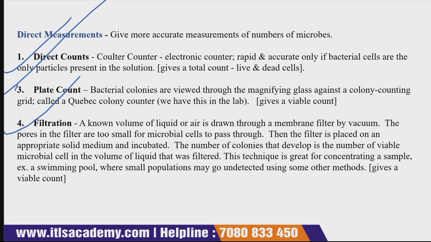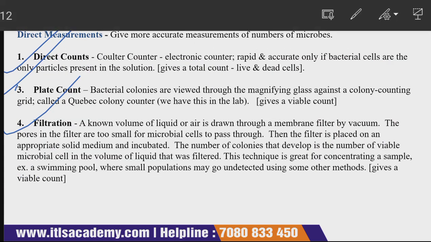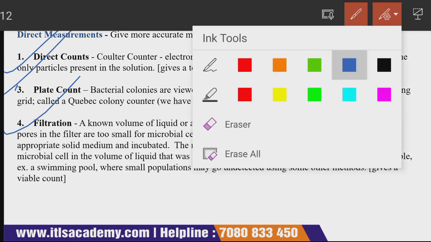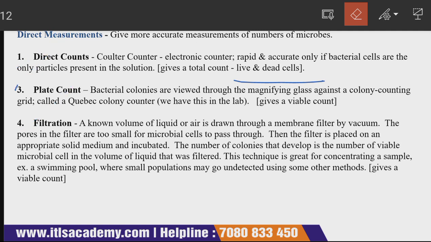It means if you have a solution and inside that solution you have the bacteria cells in particle form, the direct count gives a very accurate and very rapid count. It gives the total count of live as well as dead, meaning how many bacteria cells are live and how many are dead. So it gives both types of count.